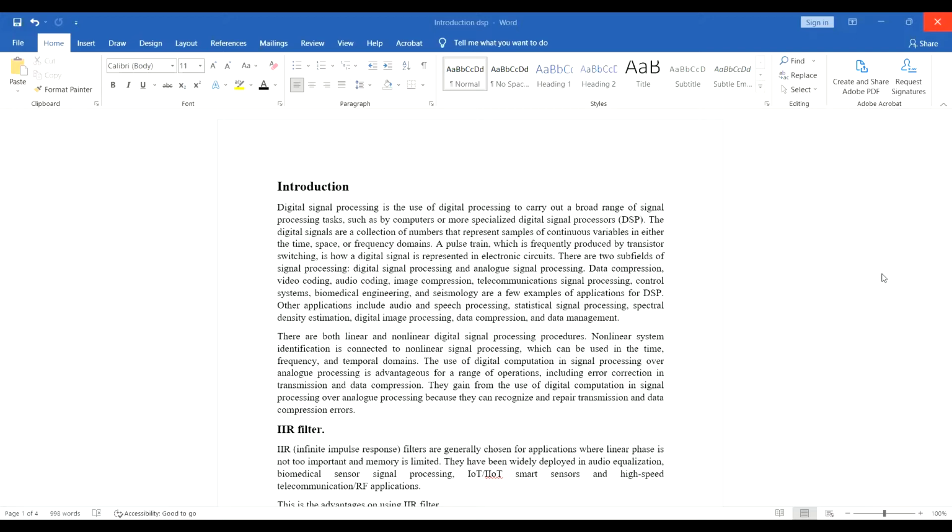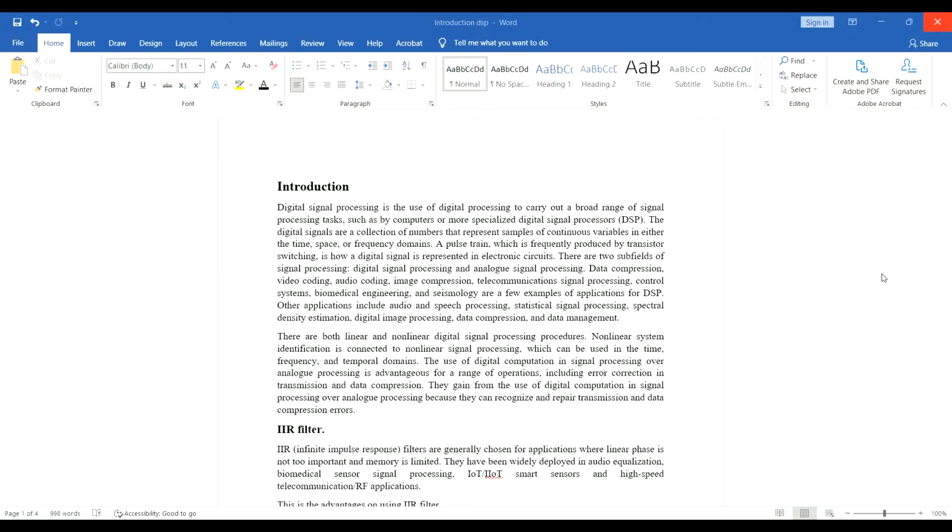So for the introduction of the project, I will explain the digital signal before going to the two things that we use in this project. Digital signal processing is to carry out a broad range of signal processing tasks, such as by computer, or we can call it a specialized digital signal processor.